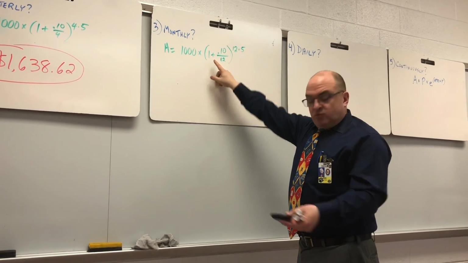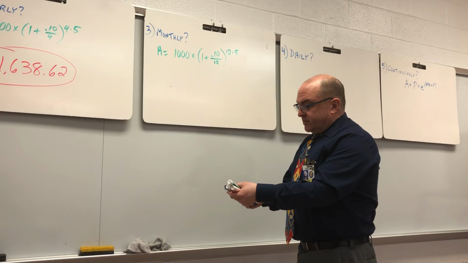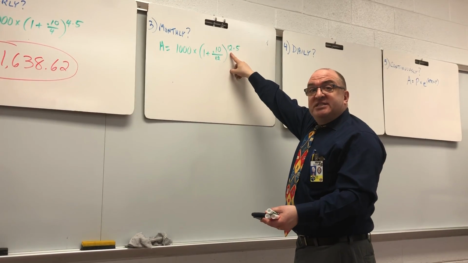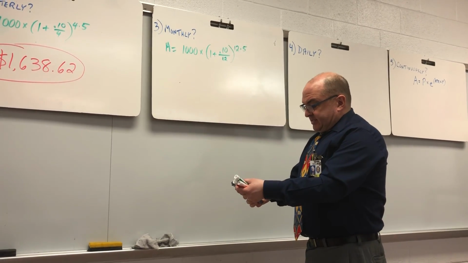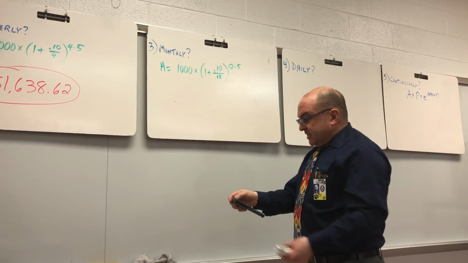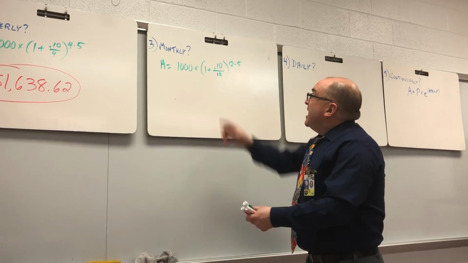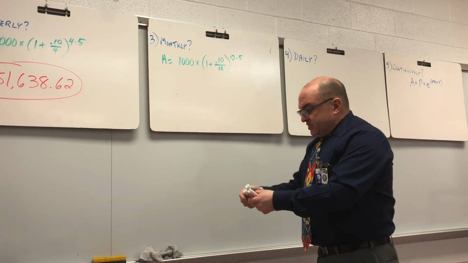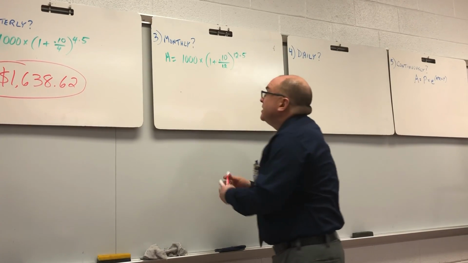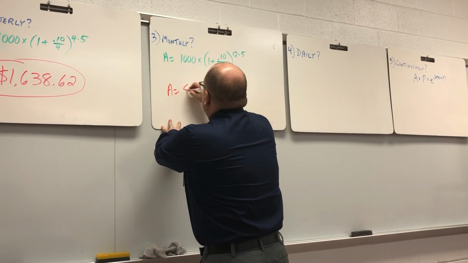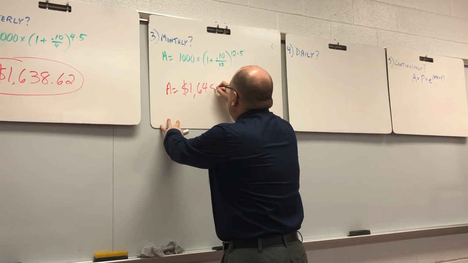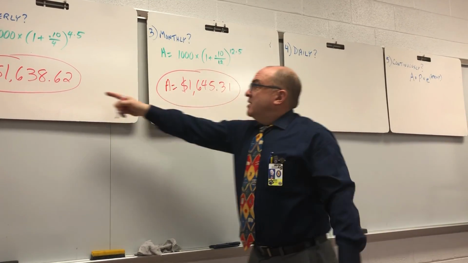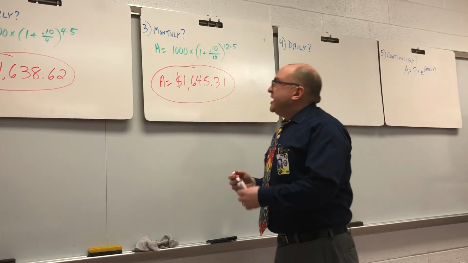Okay, I'm going to do plus 1 on my calculator, hit equals, and it's 1.0083333. Now I'm going to take it to the 60th power, and I get 1.6453. And then I'm going to multiply by 1,000, and that's 1,645 and 31 cents. Another $7. Take it monthly.